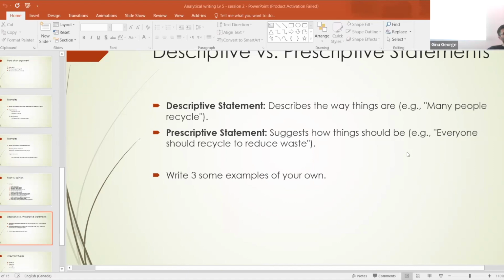In physics, we have descriptive statements, like E equals mc squared, or gravity has a certain attractive force, or whatever. In a subject like ethics, we have prescriptive statements. You should do this, you shouldn't do this. People should be a certain way or not be. Okay, so this is important.